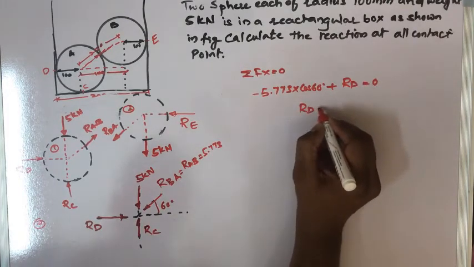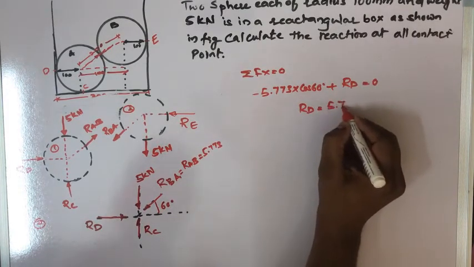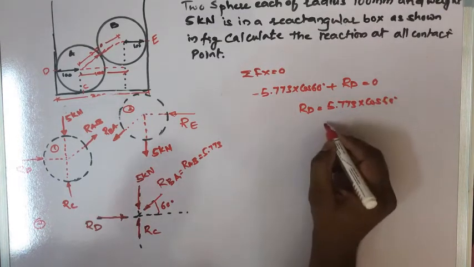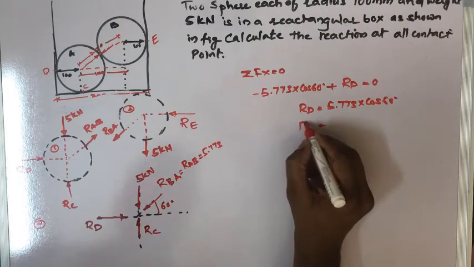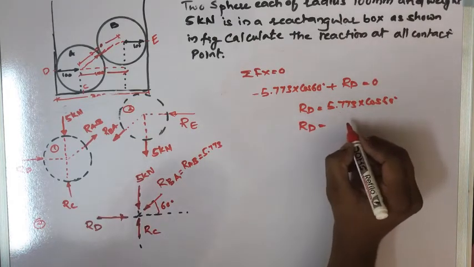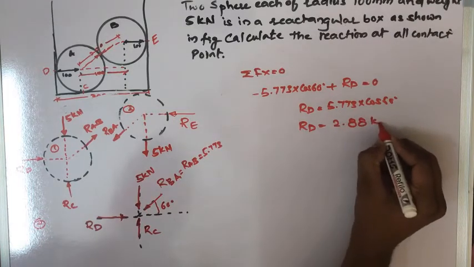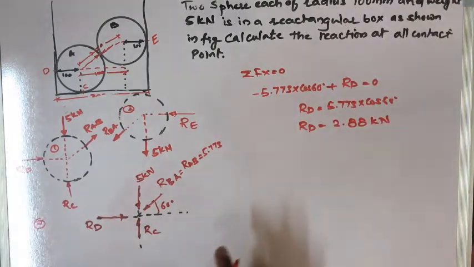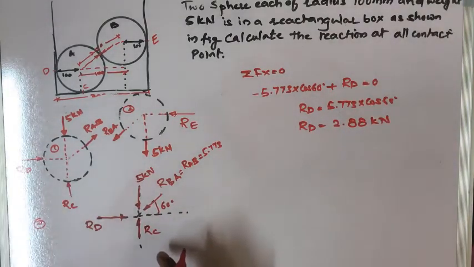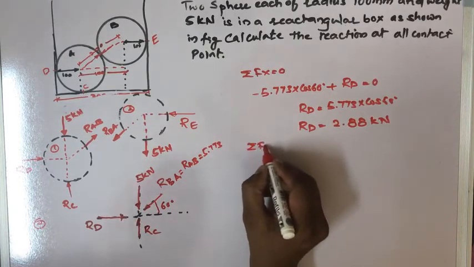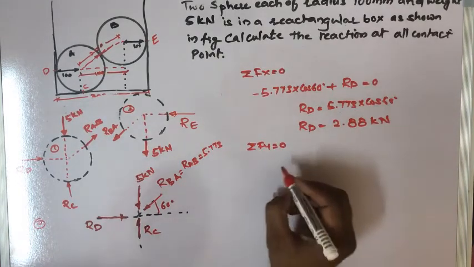So RD equals 5.773 into cos 60 degrees. If I calculate, I get the RD value as 2.88 kilonewton. Okay, so this is the RD value. Last, the reaction I have to calculate is RC. RC can be calculated using summation of Fy equal to 0.